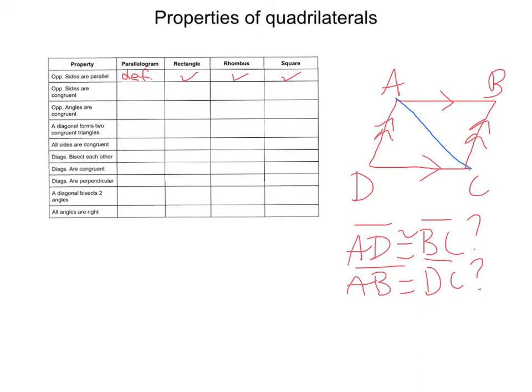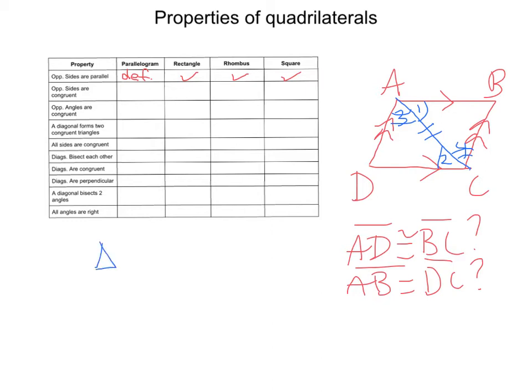Okay, so hopefully you've thought about this. I'm now just going to do a quick overview of the proof. What I know is AC is congruent to itself. Angle 1 is congruent to angle 2 because of alternate interior angles, and angle 3 is congruent to angle 4 by alternate interior angles. So these two triangles are congruent by angle, side, angle, right?